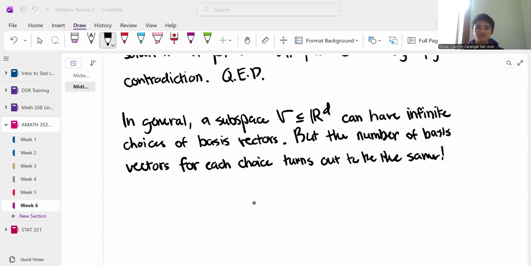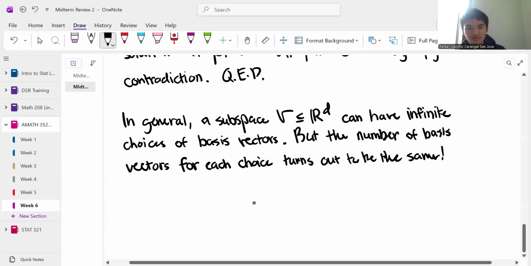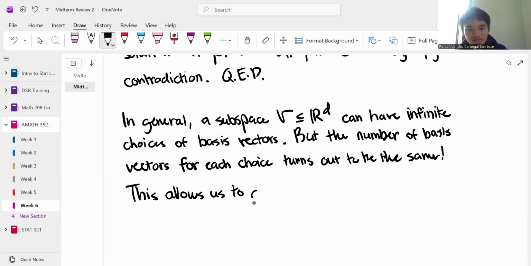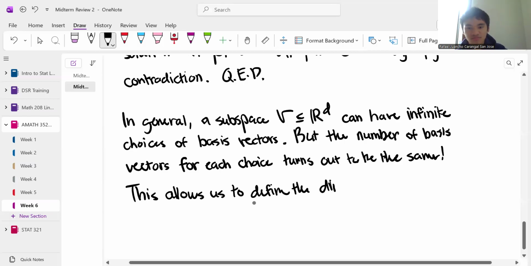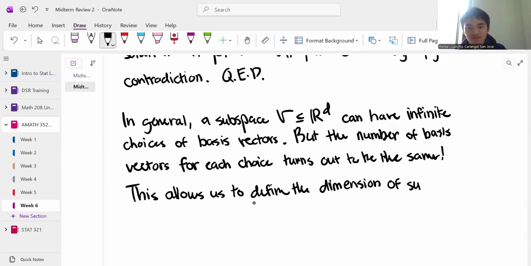And so based off of this, this allows us to define the dimension of our subspace, which is what our topic is for today.